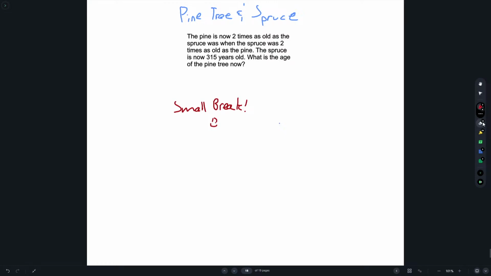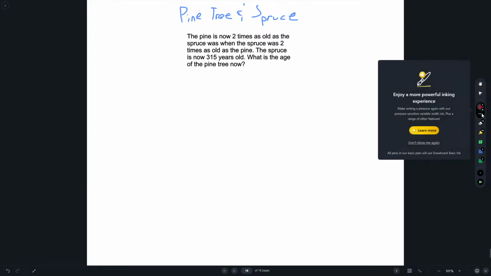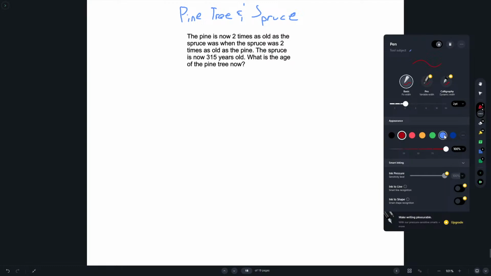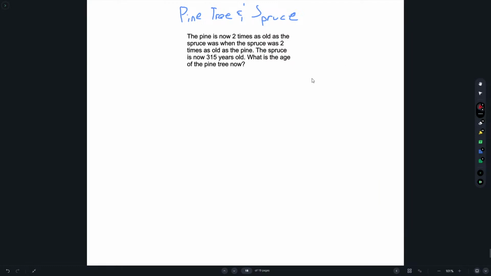Alright, let's see if I can tackle this question. Okay. The pine is now 2 times as old as the spruce was when the spruce was 2 times as old as the pine. The spruce is now 315 years old. What is the age of the pine tree now? So, the pine is equal to 2 times old spruce.